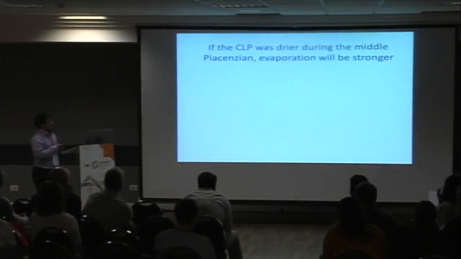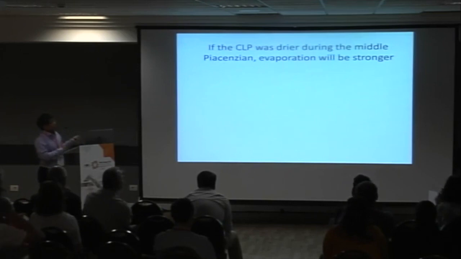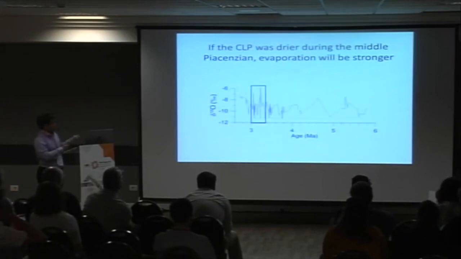So now we can ask questions and test these questions. If the loess plateau was drier during the mid-Pliocene, the evaporation will be stronger. And here's the result. This is the δ18O data of the nodules, and this is the age model. And this is 3.3 to 3 million years.